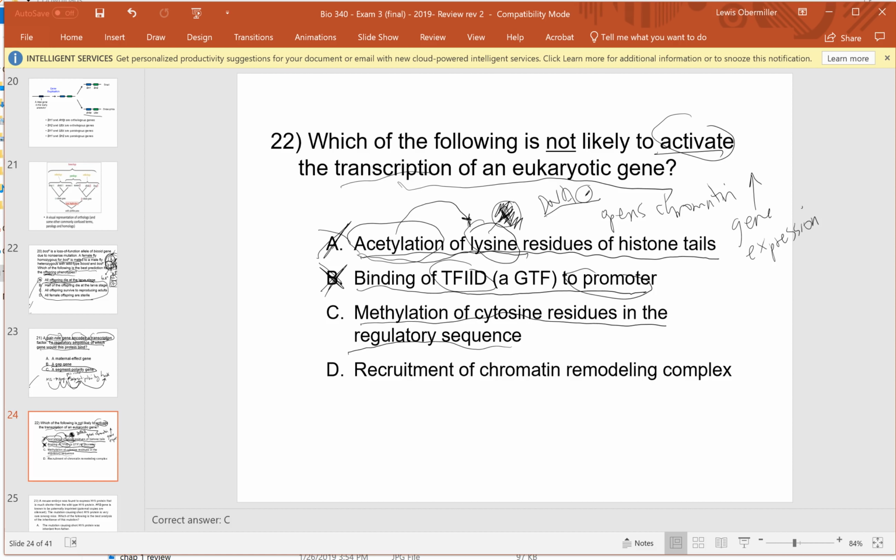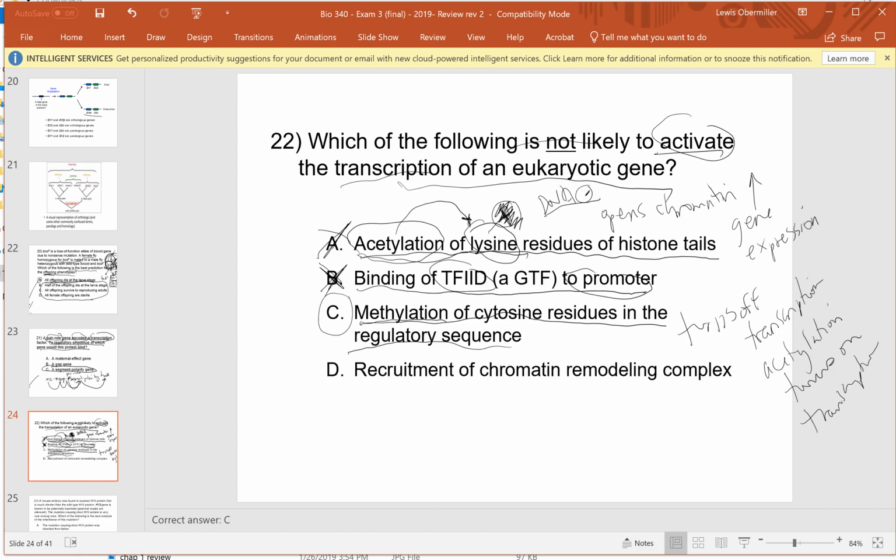So this is actually not likely to activate transcription because methylation turns off transcription, where acetylation turns on transcription.